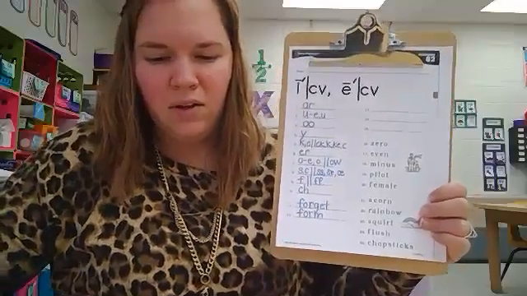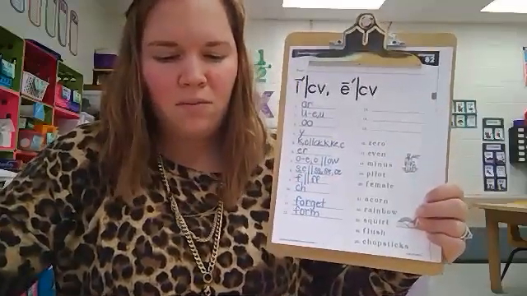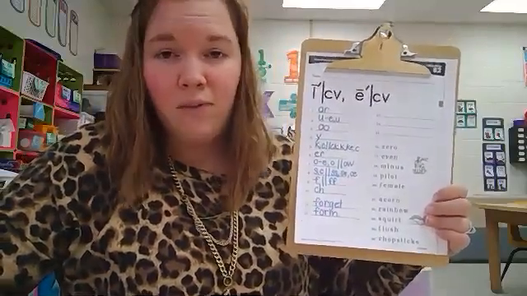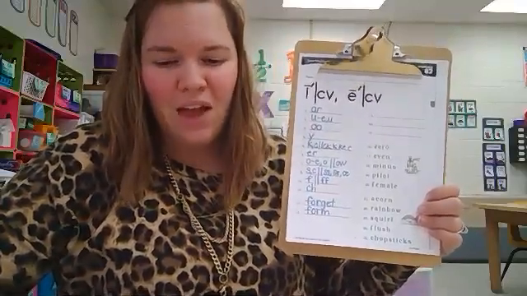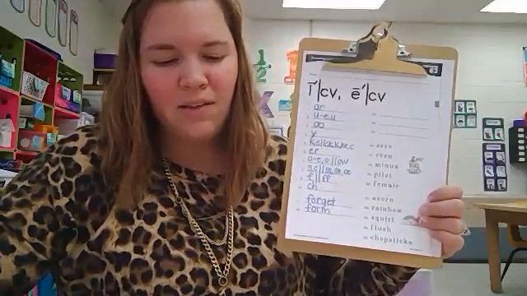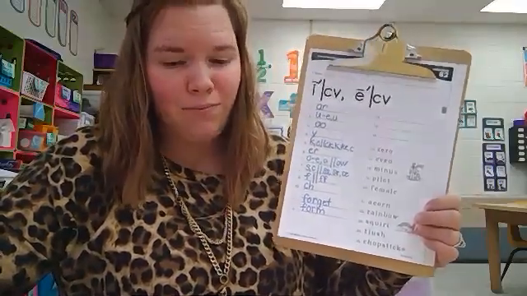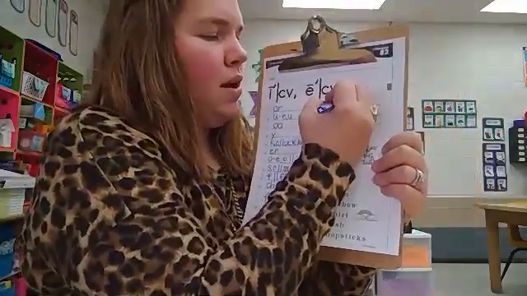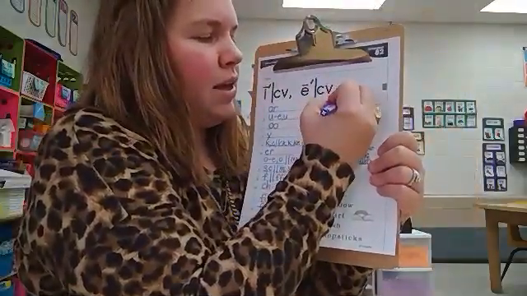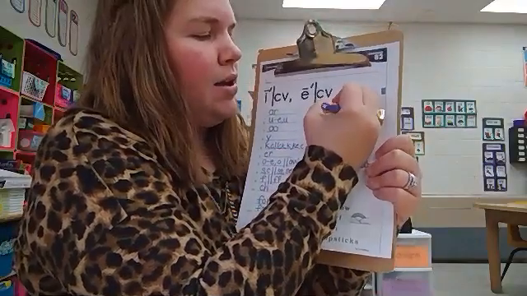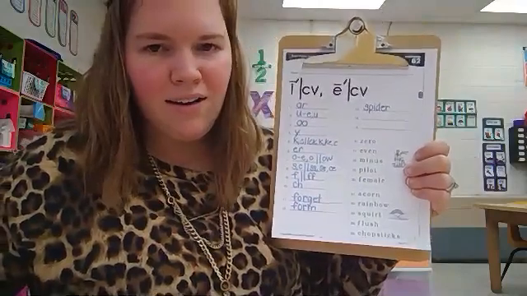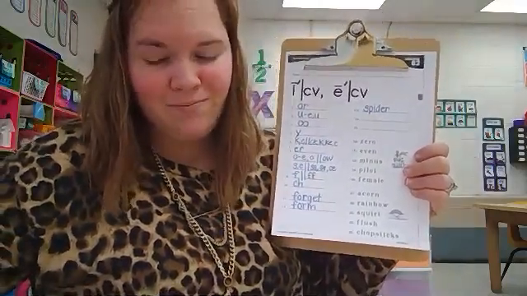Next, we are going to continue spelling some words. These all have a VCV pattern. Number 13, the word is spider. Spider. S-P-I-D-E-R. Spider.